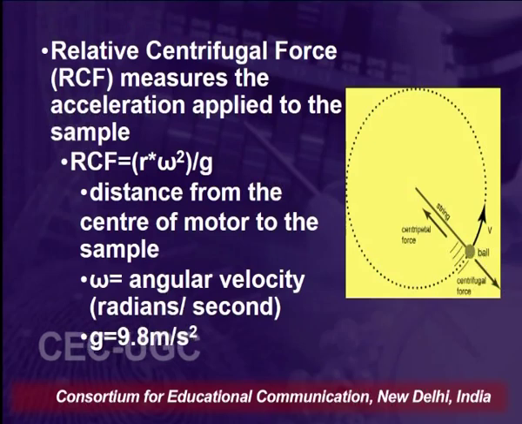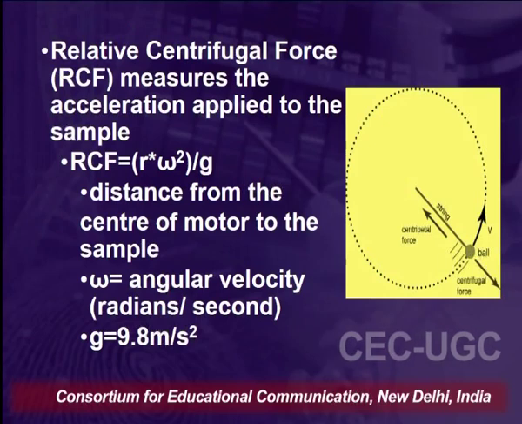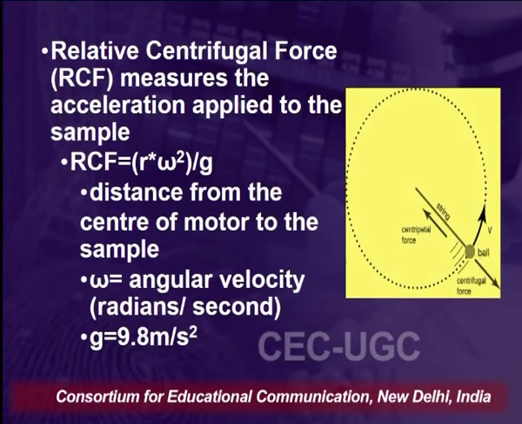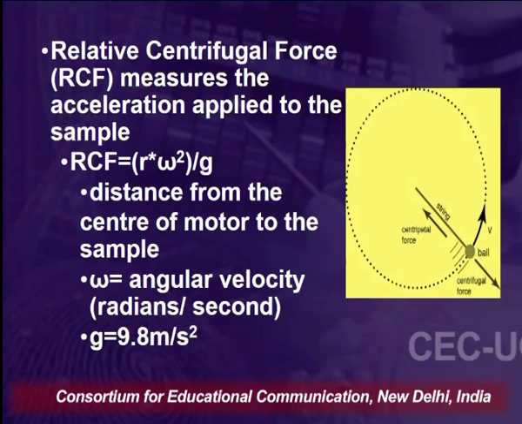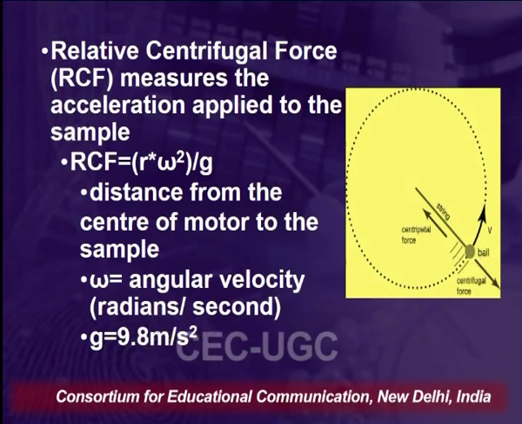So depending upon the different buffers used, different speeds are used, so that we can isolate the DNA out of the blood or any other biological material found at the crime scene. And we use the basic formula of RCF equal to R into W square by G.